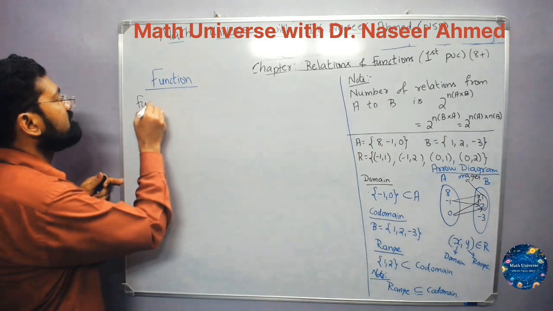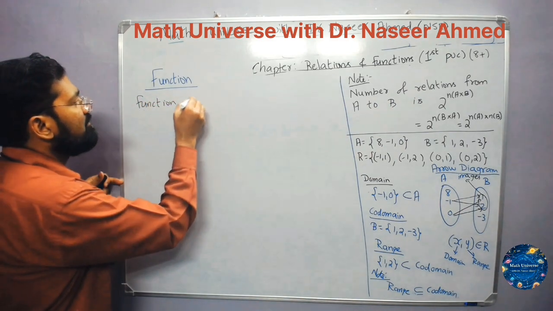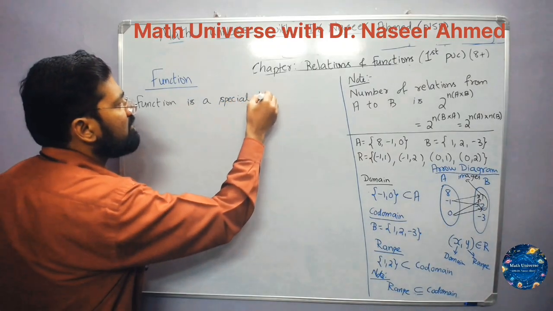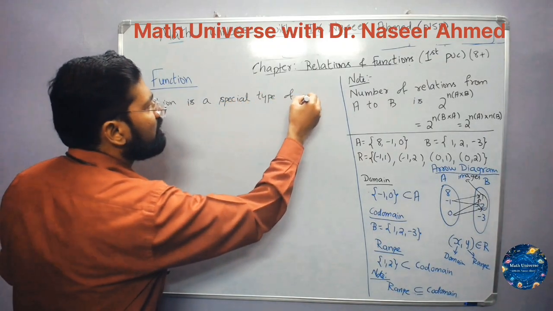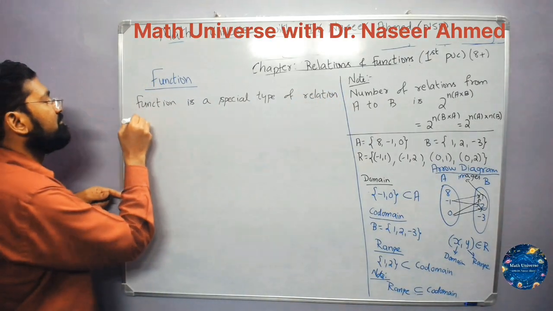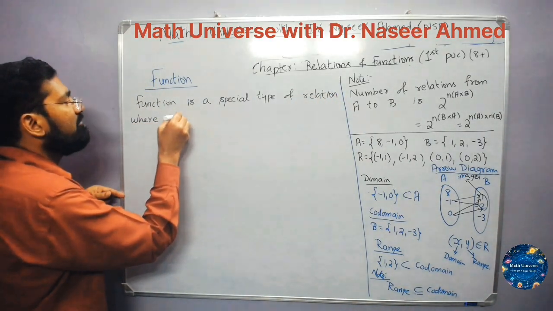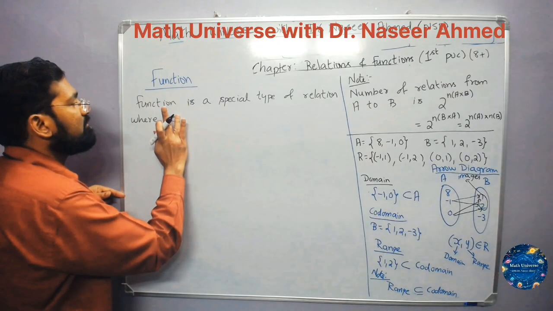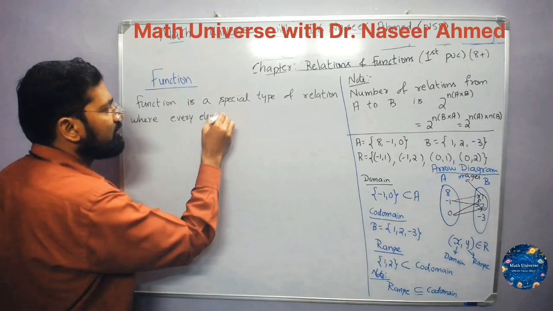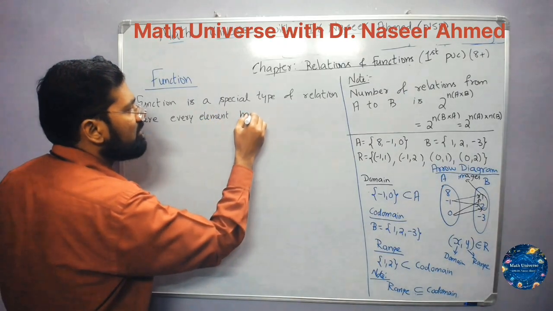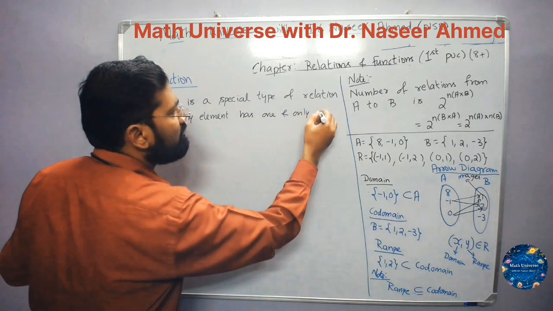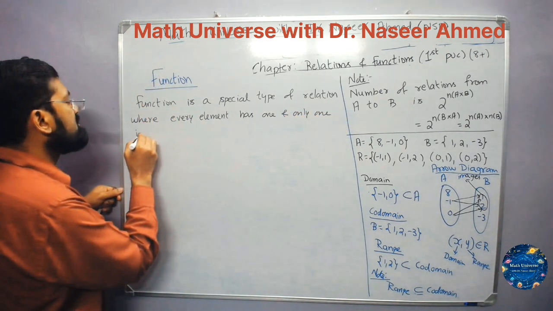Function is a special type of relation where every element has one and only one image.